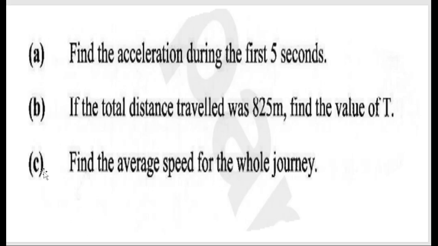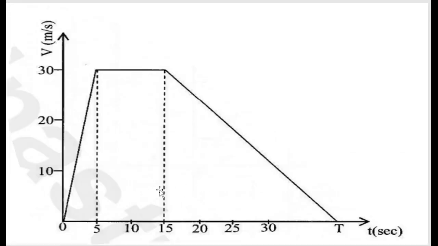Okay, so the first question is saying find the acceleration during the first 5 seconds. And obviously, the journey of whatever was being described here was accelerating only in the first 5 seconds. The next 10 seconds from 5 to 15, there was no acceleration from this point to this point.